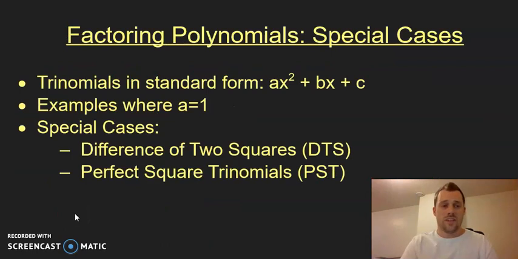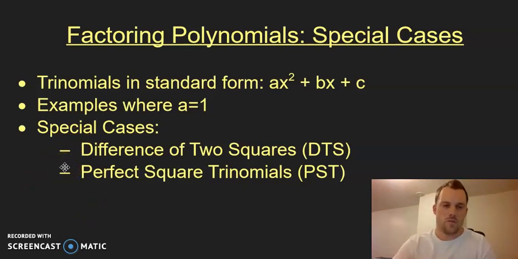In this video we're going to look at some more examples of factoring trinomials in standard form where a is still equal to 1, but there are some special cases that if we recognize, it can make factoring go a little quicker. The special cases are difference of two squares and perfect square trinomials.